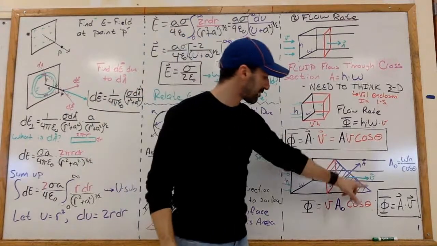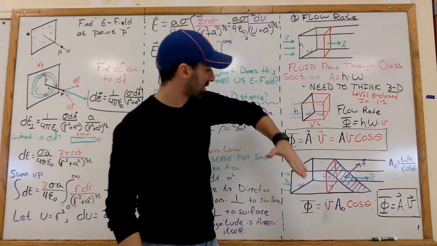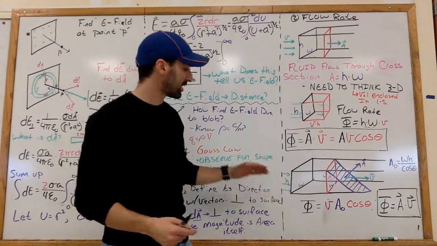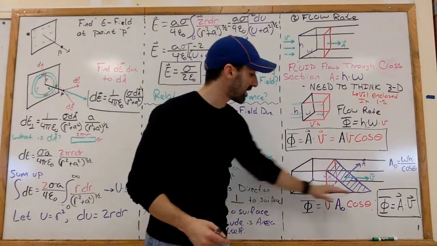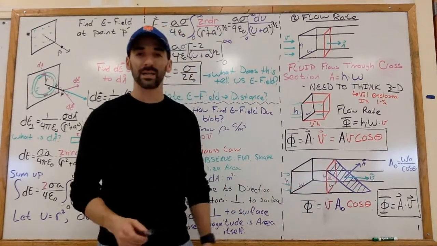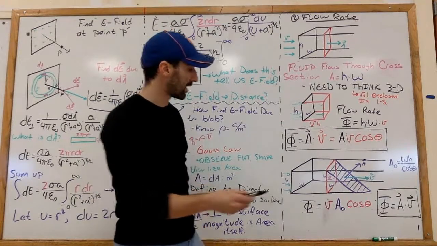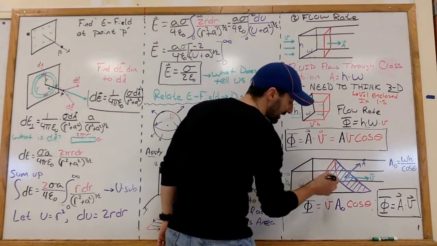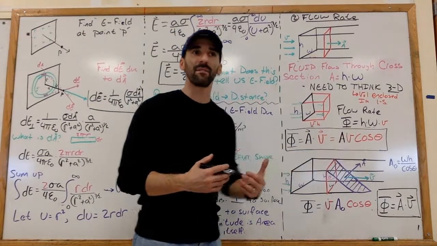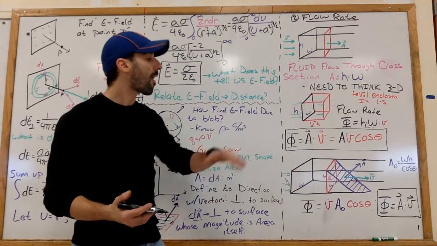Well, now I've got this purple surface area, this angle, which is clearly a larger surface area. Does a larger surface area affect my flow rate per second? It's my claim that it's not going to. Well, how do I know it's not going to? I can do it mathematically, or I can understand that air or fluid gets to that point before it gets to that point. Therefore, my rate per second, my flow per second is still the same.